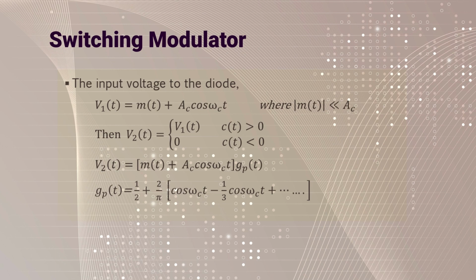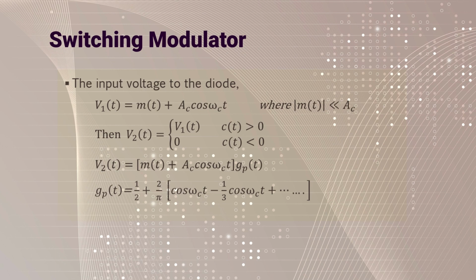For the positive value of the carrier signal, v1(t) is multiplied by the function gp(t), and therefore the output of the diode circuitry will be v2(t) equal to m(t) plus Ac cos omega c t whole multiplied by gp(t), where gp(t) is given by 1 by 2 plus 2 upon pi whole multiplied by cos omega c t minus 1 by 3 cos 3 omega c t and so on.